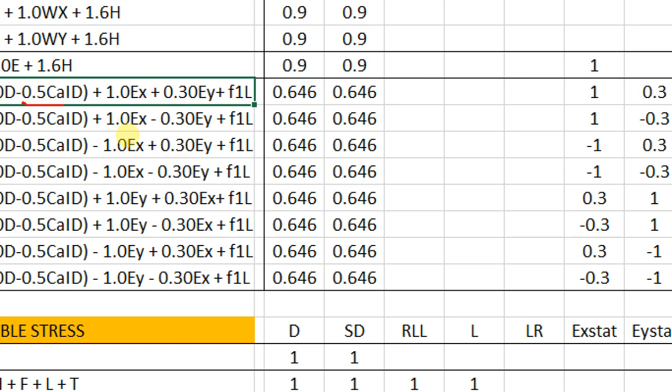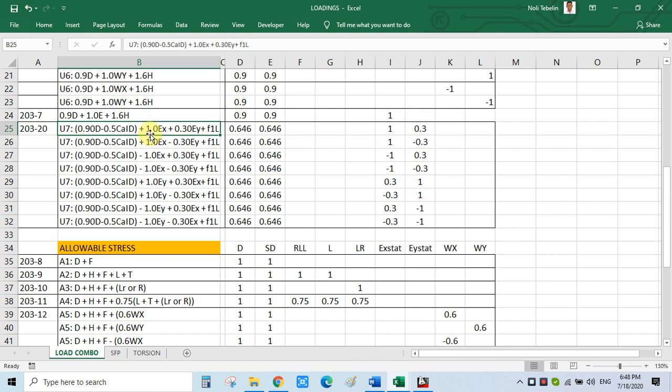Then, we will have these 4 load combinations kasi yung earthquake natin magkakaroon tayo ng mga opposite direction effect.